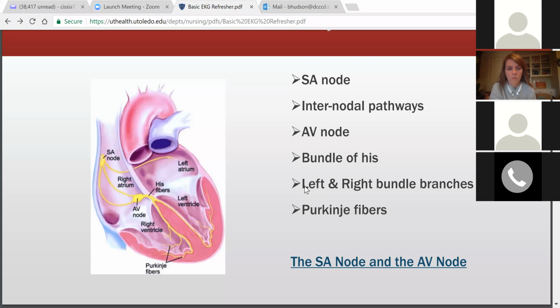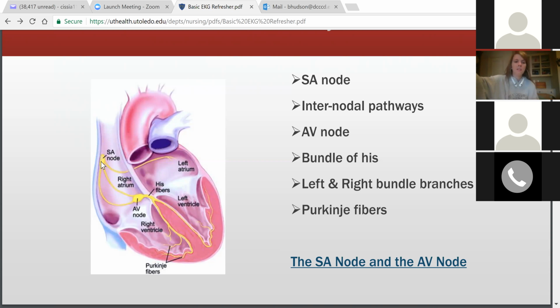So here's our normal conduction system. Our SA node is up here in the right atrium. It's our intrinsic heart rate, and it's going to contract not just the right atrium, but also the left atrium. Then that impulse will gather at our atrioventricular node, and this is our gatekeeper.